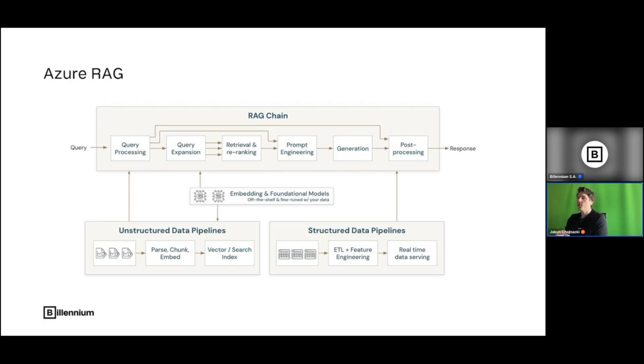For instance, you could compress some information or expand some information, or say that certain chunks are better than others. Pretty awesome stuff, but not necessary at first. Next, you would like to do prompt engineering. Basically, you would like to ensure that your system, your large language model, understands its role.